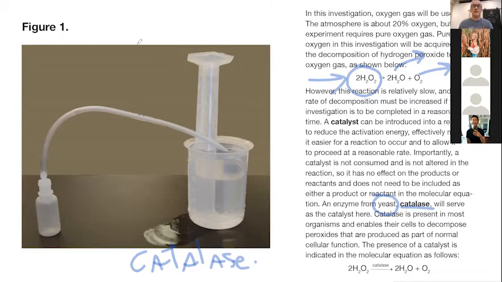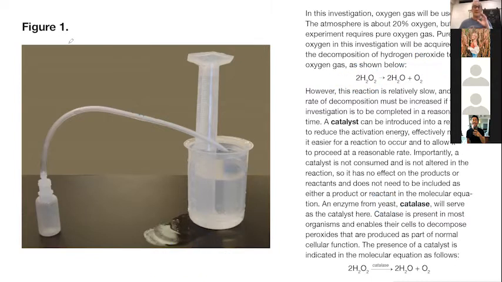So that's our reaction. Note that there is a molar relationship between the number of moles of peroxide and oxygen. What's the molar relationship between the peroxide and the oxygen gas being produced? Two to one.